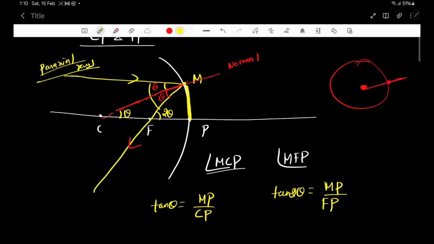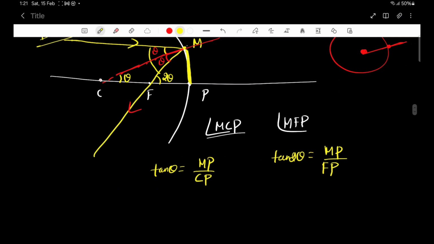This M is going to lie very close to the P. So, for small angle approximation, tan theta can be replaced with theta itself. So, theta equals MP by CP, and similarly tan 2 theta can be replaced with 2 theta itself. So, 2 theta equals MP by FP.